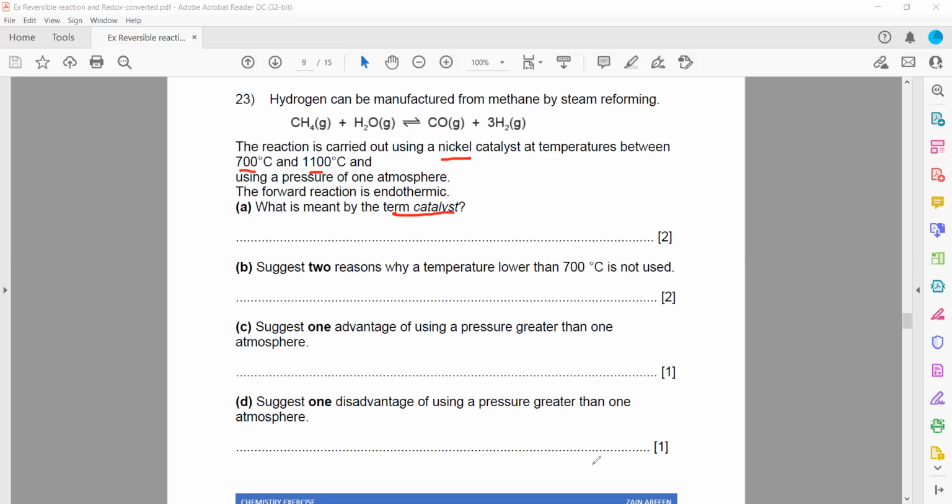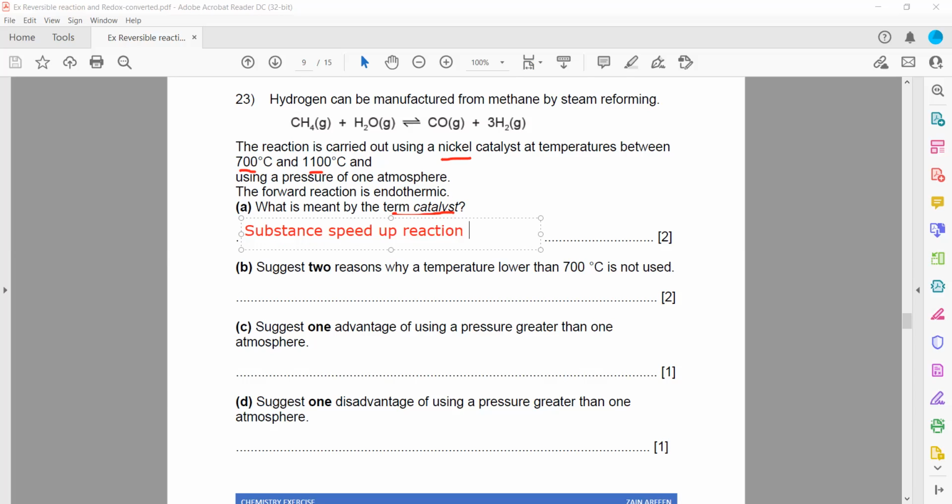So a catalyst is a substance which alters the rate of reaction without being chemically used up. So the substance speeds up the reaction, alters the rate of the reaction.